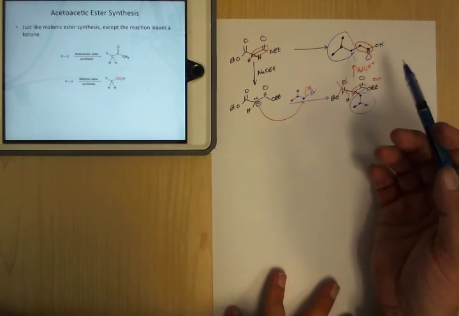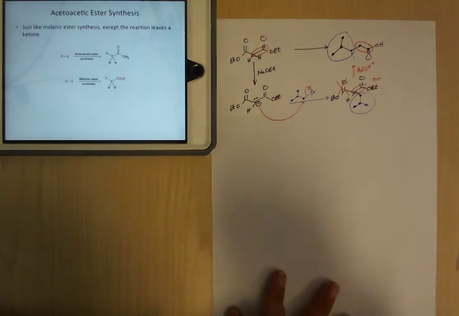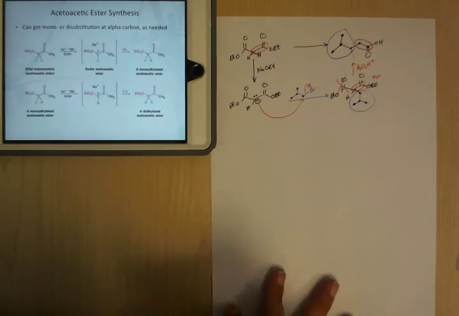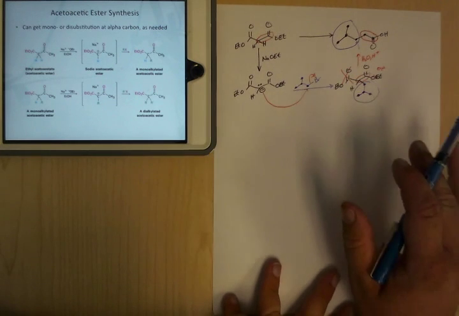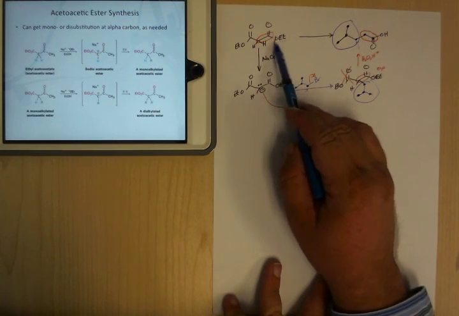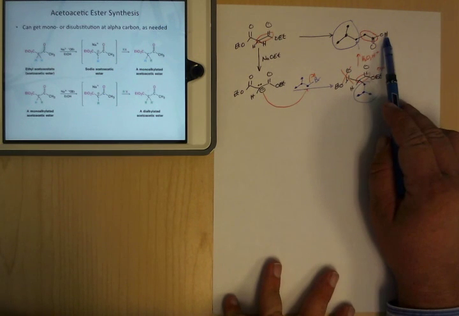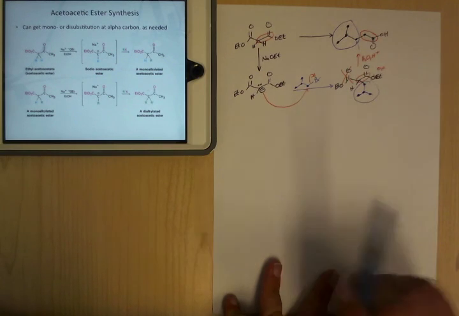So usually it's going to be a methyl group, but it doesn't have to be, and we'll see some examples. Otherwise it works exactly the same way. Just imagine a methyl group: methyl, methyl, methyl.